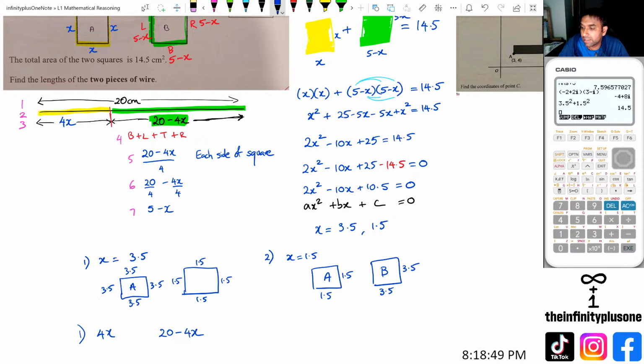If I take x as 3.5, then I do 4 times 3.5. That's going to give me 14. And then this one is going to give me 6, because 20 minus 14 is 6. Or if I do it the other way, I'm going to get 6 as my first piece, and 20 minus 6 is 14 as the second piece.